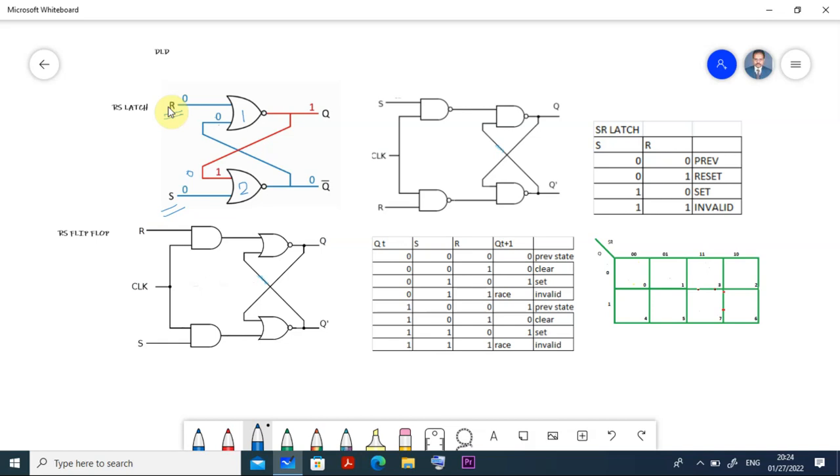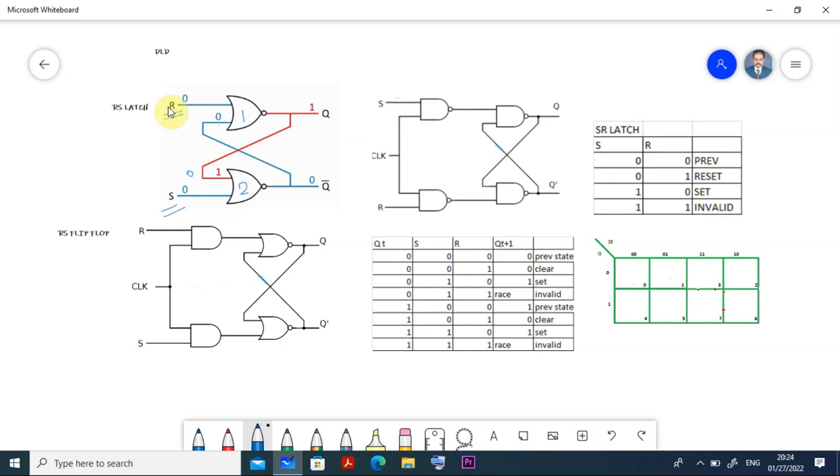When it is not clocked, what will happen? When it is not clocked, or clock is equal to 0, it will retain the previous state. Nothing will happen. In both cases, when it is non-clocked, the output will simply be in the memory state.